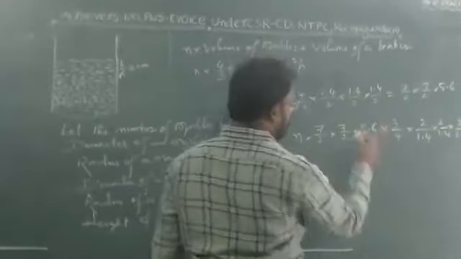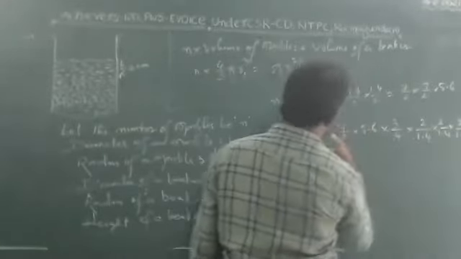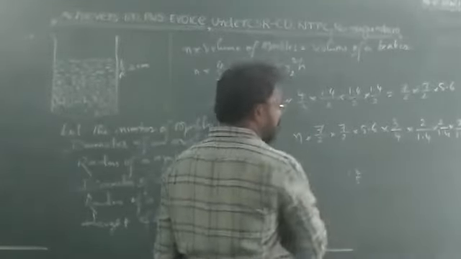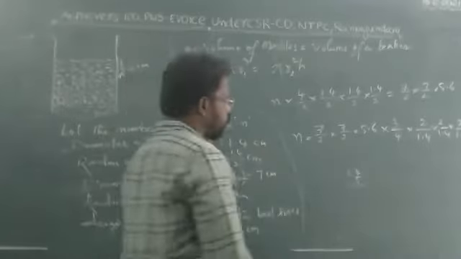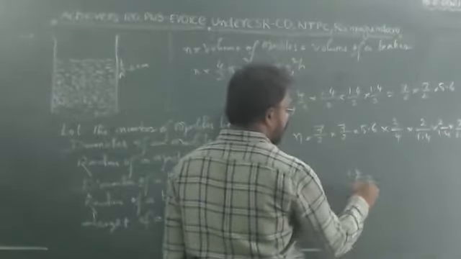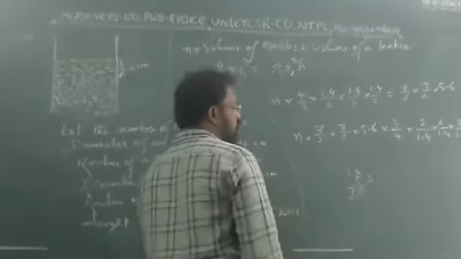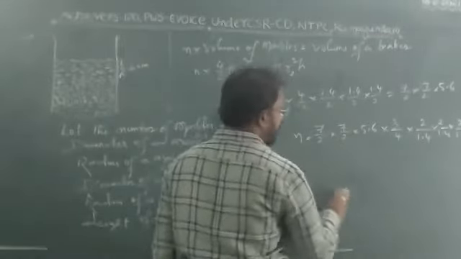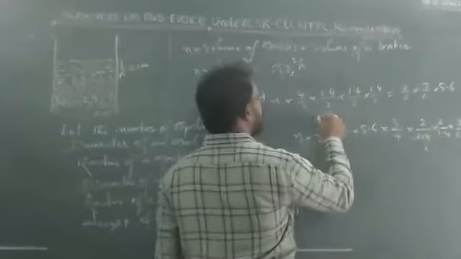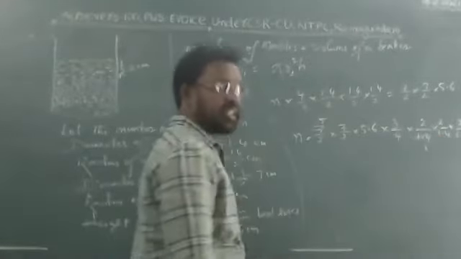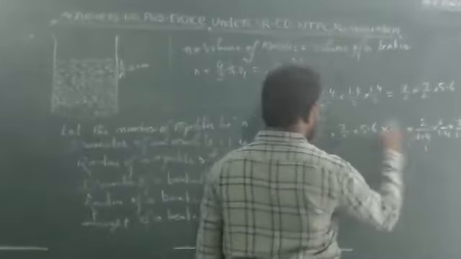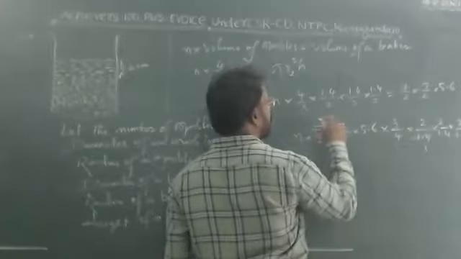Is there any 3? 1.4, 1.4, 5s are how much? 1.4, 5, let us see. 5 4s are 20, 5 1s are 5 plus 2, 7.0, nothing but 7. See the calculation, it's very easy. 1.4 5s are 7.